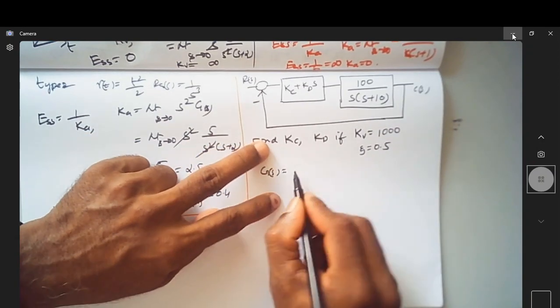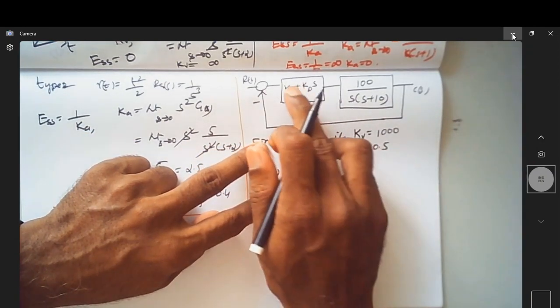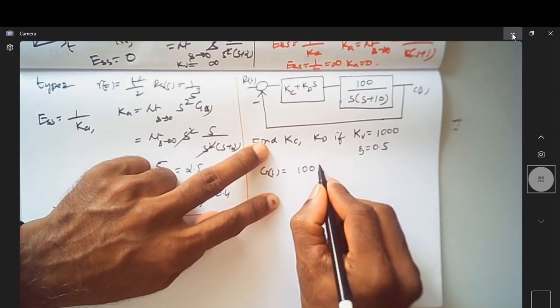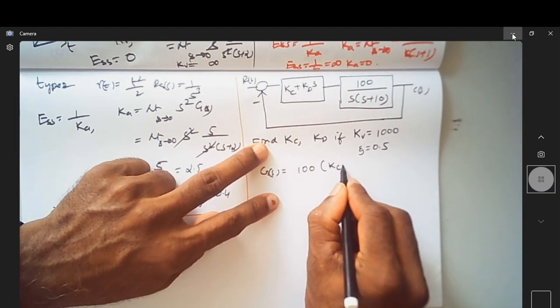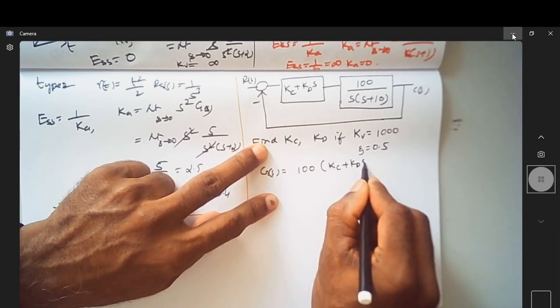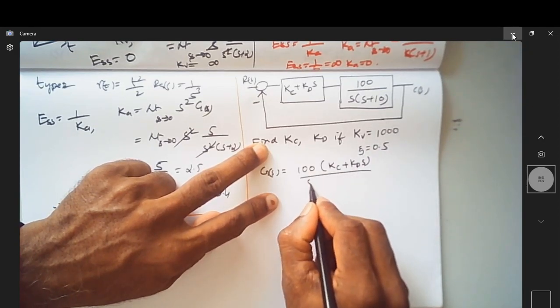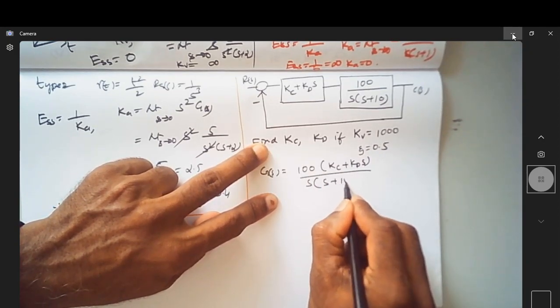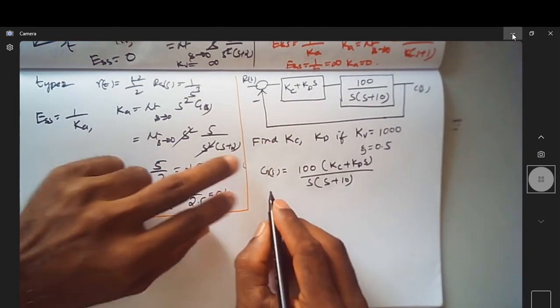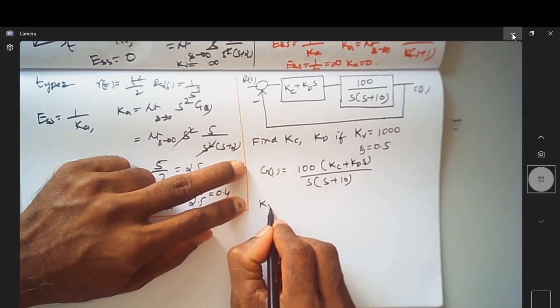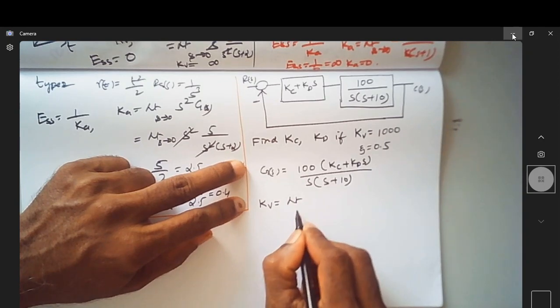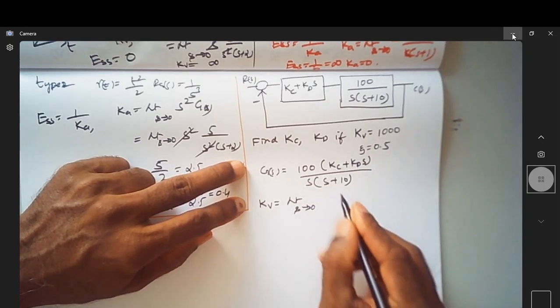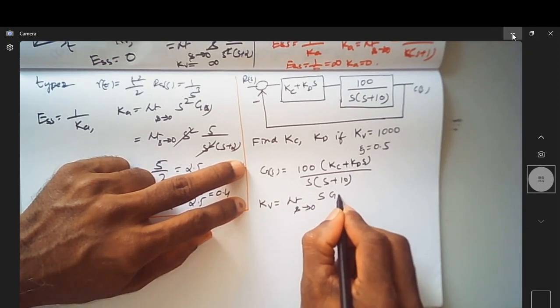So GFS is nothing but just a product of this into this, 100 into Kc plus Kds divided by S into S plus 10. So we know that Kv is nothing but limit of S tending to 0, S into GFS.